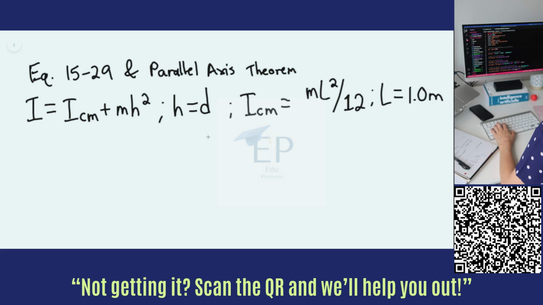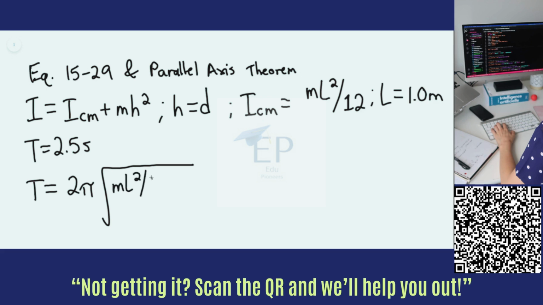So we have a period equaling 2.5 seconds, and we can obtain that the period is equal to 2 pi multiplied by the total moment of inertia, ml squared over 12 plus md squared, divided by mgd.